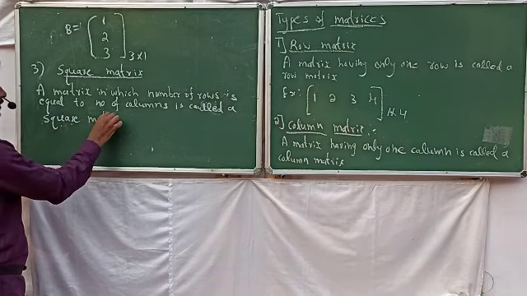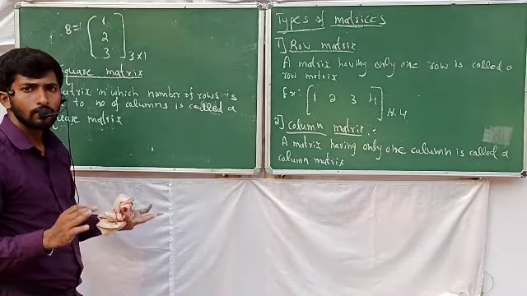Very simple definition. Matrix where the number of rows is equal to the number of columns.